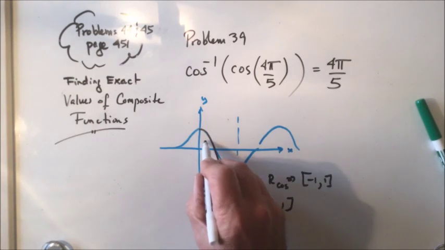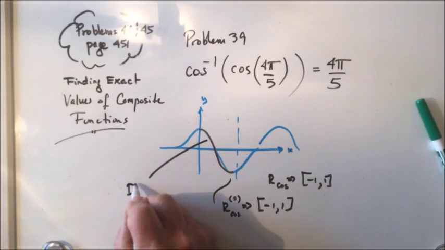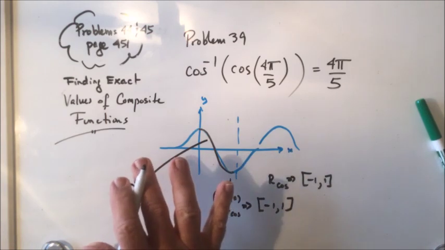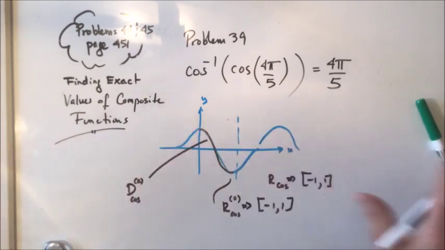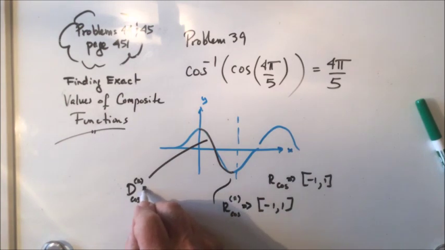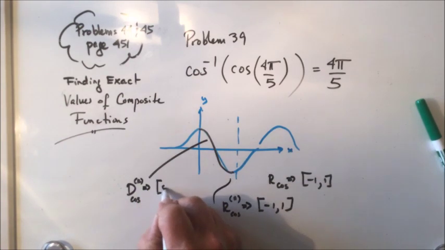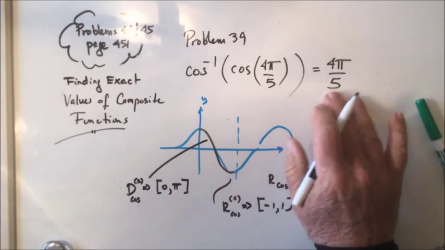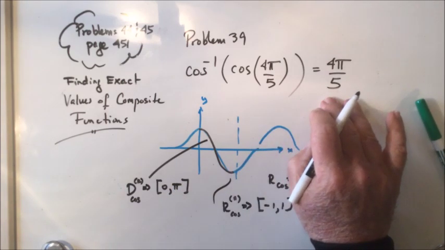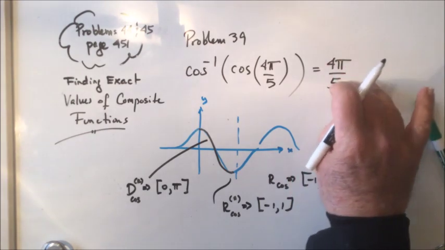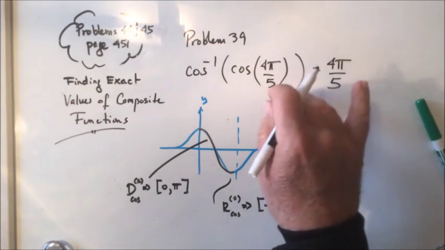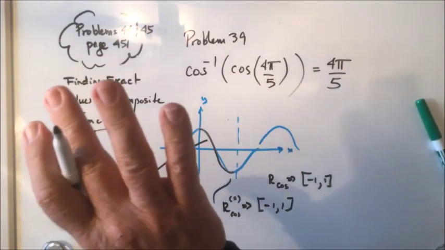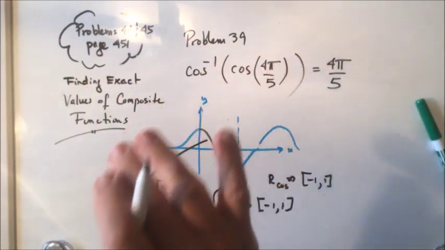But the domain of the restricted cosine, unlike its brother, the domain of the cosine, which is minus infinity to infinity, the restricted domain is 0 to pi. So you lucked out in this particular problem because 4 pi over 5 happens to lie in the restricted domain of the cosine, and if that's the case, all is copacetic.